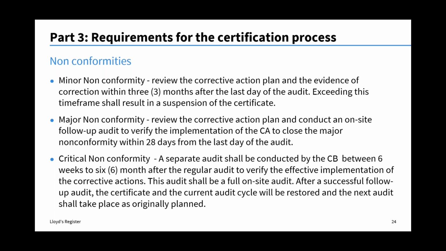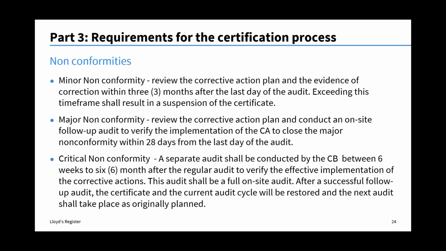Exceeding this time frame shall result in the suspension of the certificate. This is again a new requirement, that if you are not able to complete the correction as well as submission of the corrective action plan within 3 months, this would lead to suspension of the certificate.